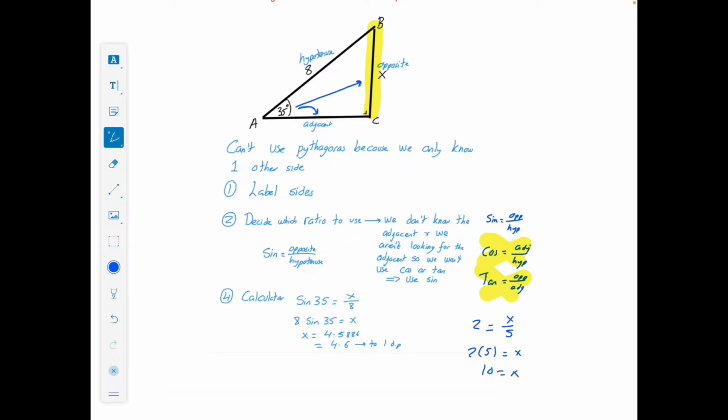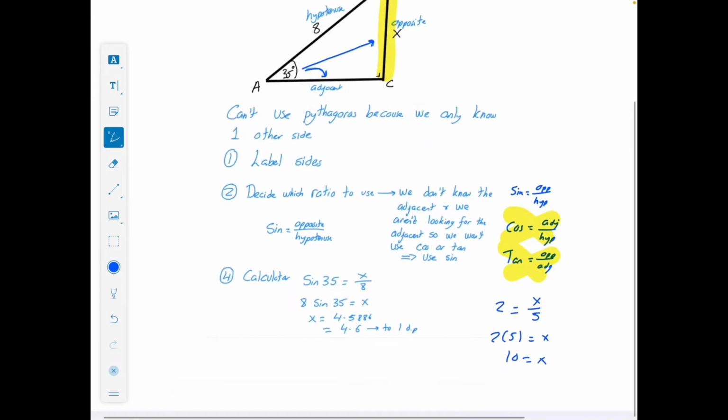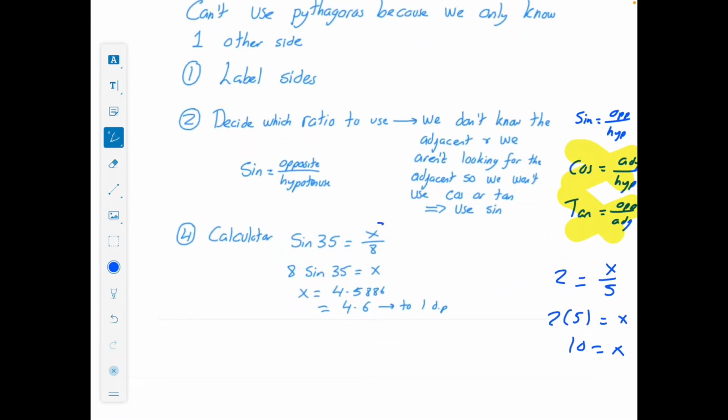Now, sine 35 is just a number. It's not a very nice number, it's 0.57357646. We're not going to write all that down. But if you look here, we want x on its own. To get x on its own, we are going to multiply by 8 over here.